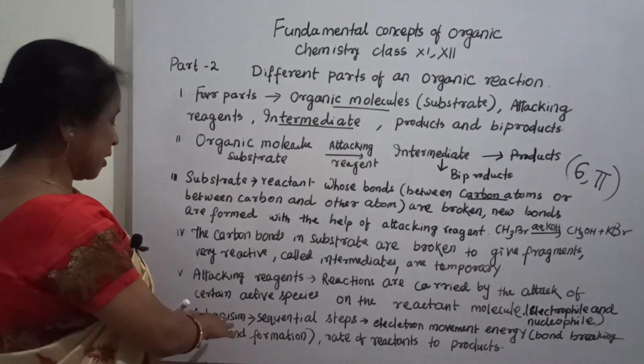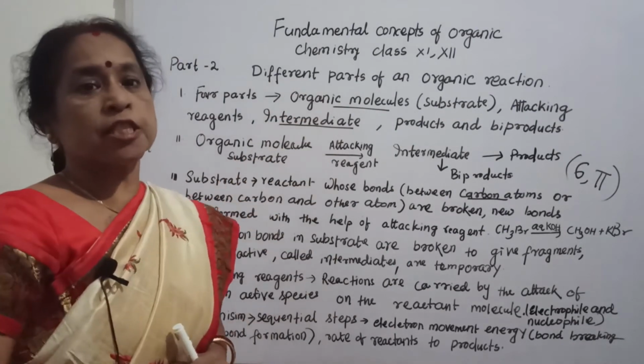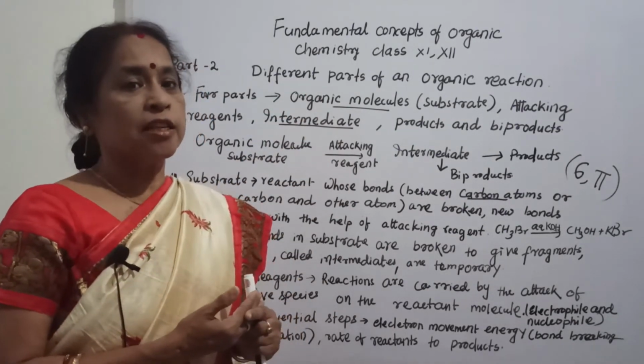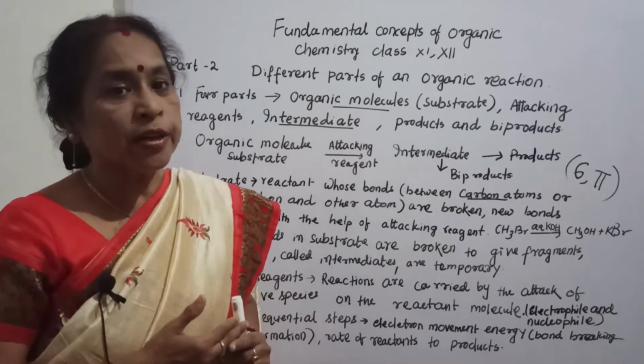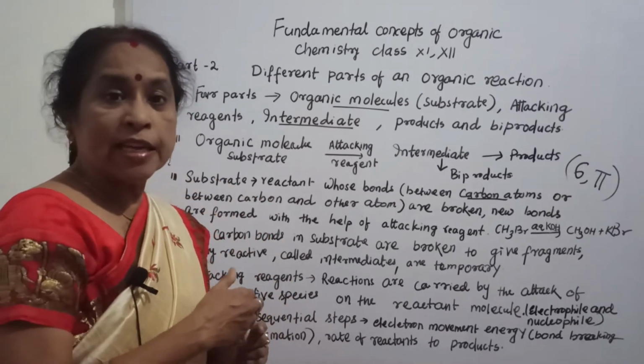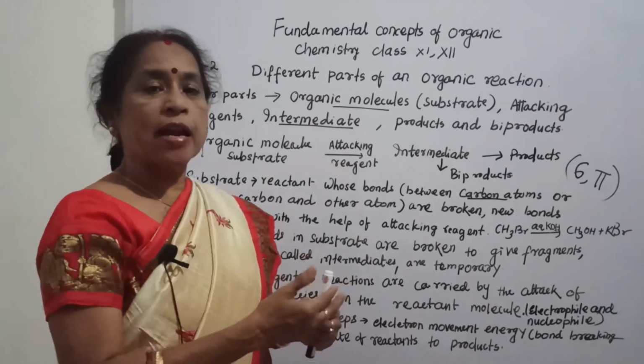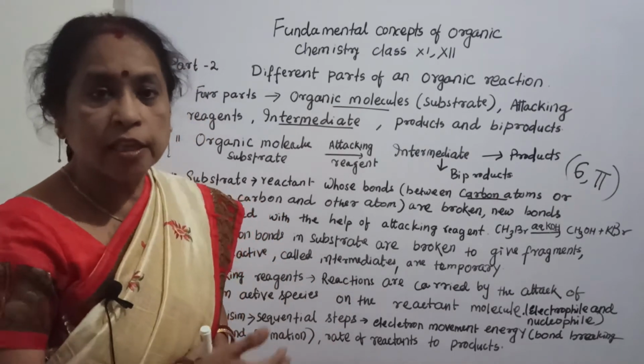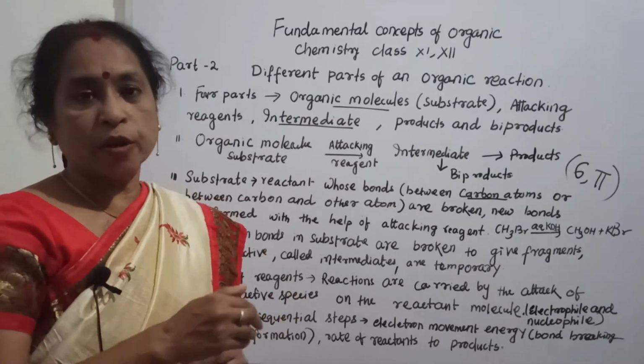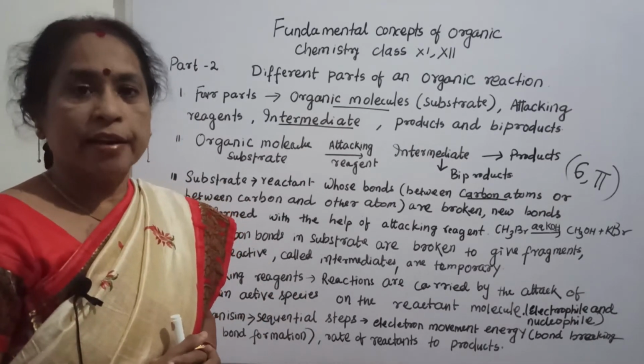That means a mechanism has so many sequential steps, and you should see which one is the very important step, where the reaction is fast, where the reaction is slow, and what type of energy and how much energy is involved in the breaking of the bond in a particular step of the reaction.